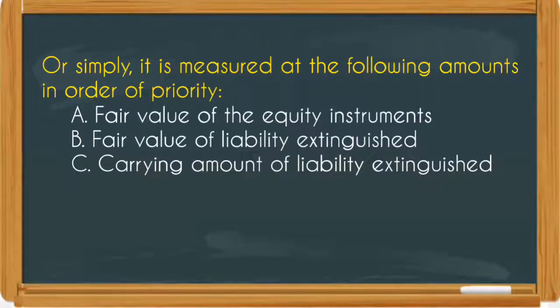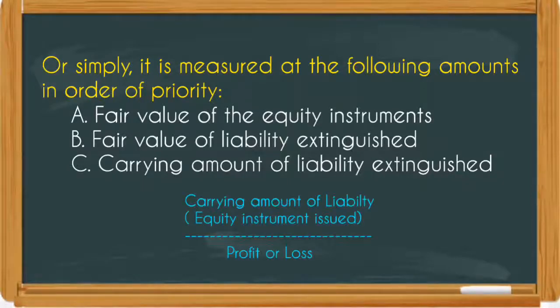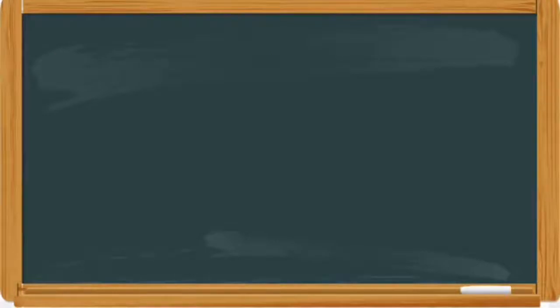First is the fair value of the equity instrument, and kung wala ito, gamitin yung fair value of liability extinguished, and if wala pa rin yun, carrying amount of liability extinguished. So now the difference between carrying amount of liability and equity instrument issued shall be recognized in profit or loss.